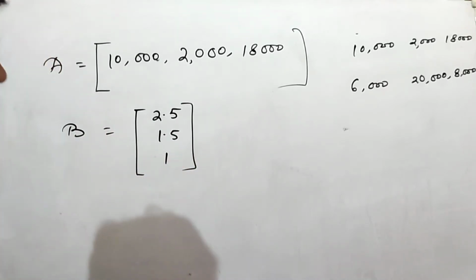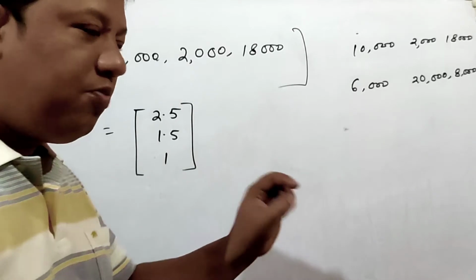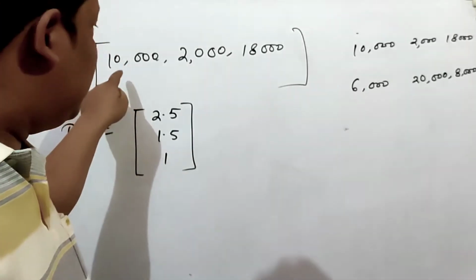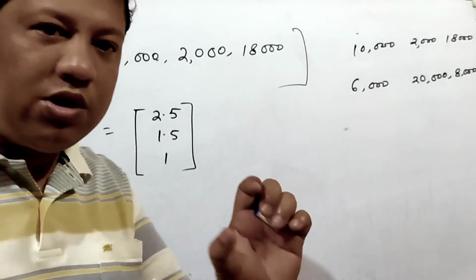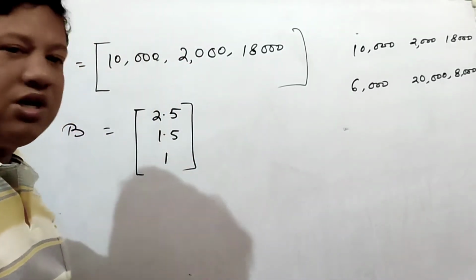So total revenue will be the product of these two, because suppose the cost of one pen is this and you have to buy 10,000 pens, then you have to find the total revenue, that means total price. In such cases you have to multiply these two terms.